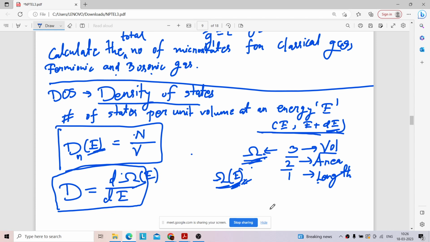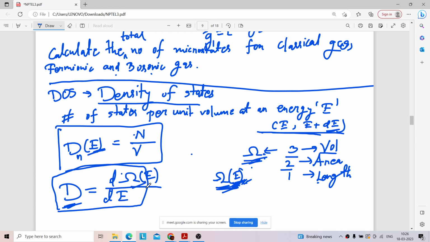That means this is the microstates or the volume space, or whatever the allowed space with this energy E, and we can calculate the density of states from this by differentiating.